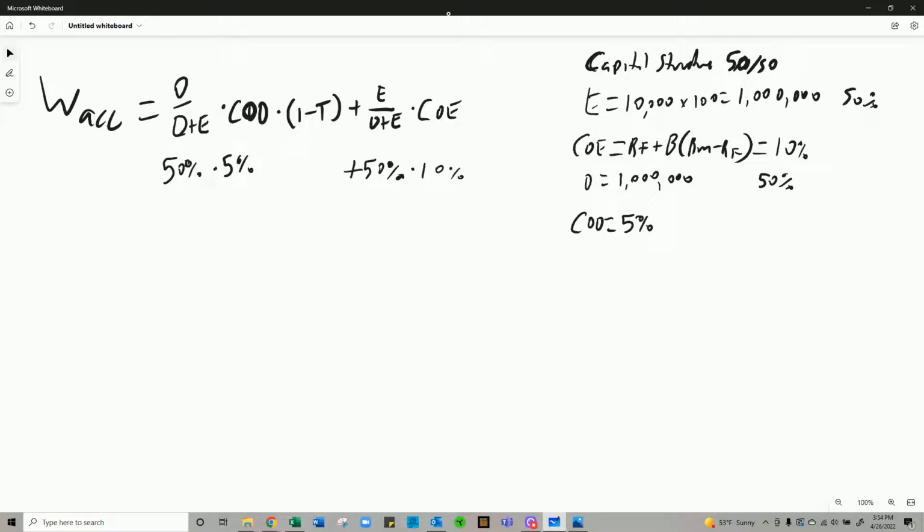Now, the last piece we need to do here is 1 minus taxes. So we have this final term, 1 minus taxes. Now, why do we need that? If we look at an income statement, you have revenue, your cost of goods sold, your gross profit, and then you have some expenses here, so let's say SG&A, just to make it simple.